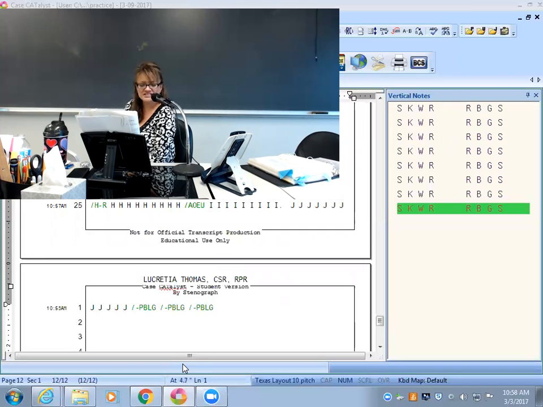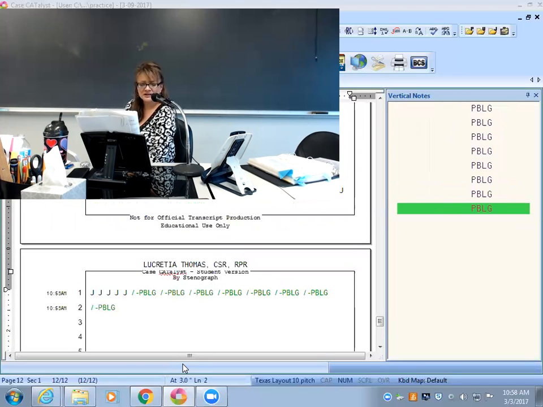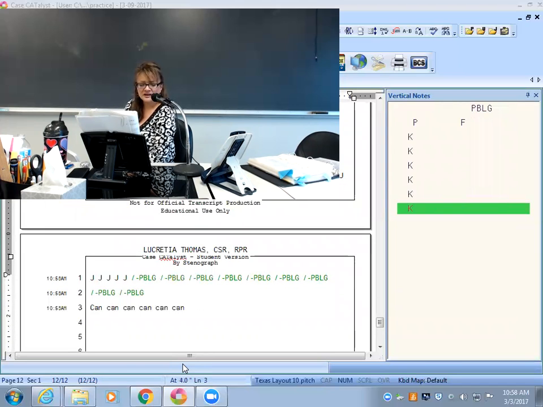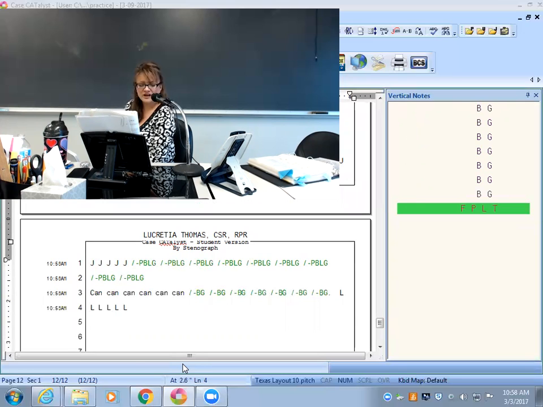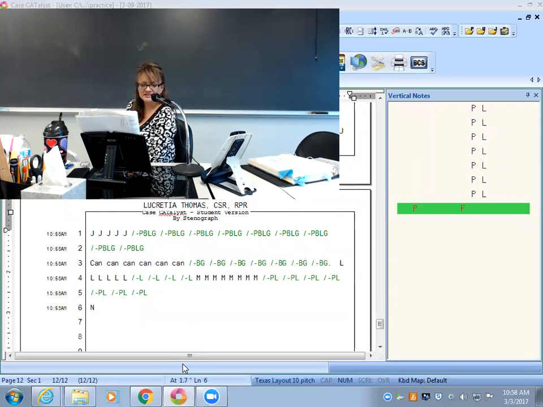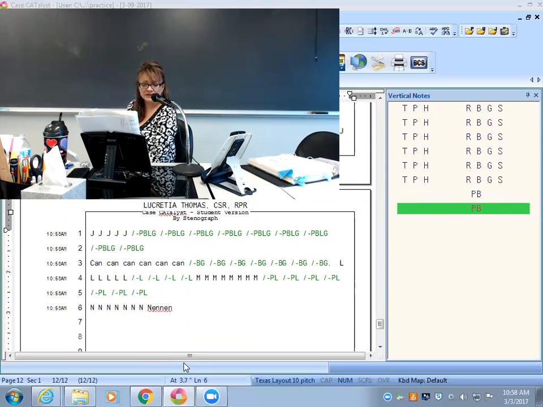Final J, the J sound is PBLG. K is initial K. Final K is BG. L is HR. Final L is L. Initial M is PH. Final M is PL. N is TPH. Final N is PB.